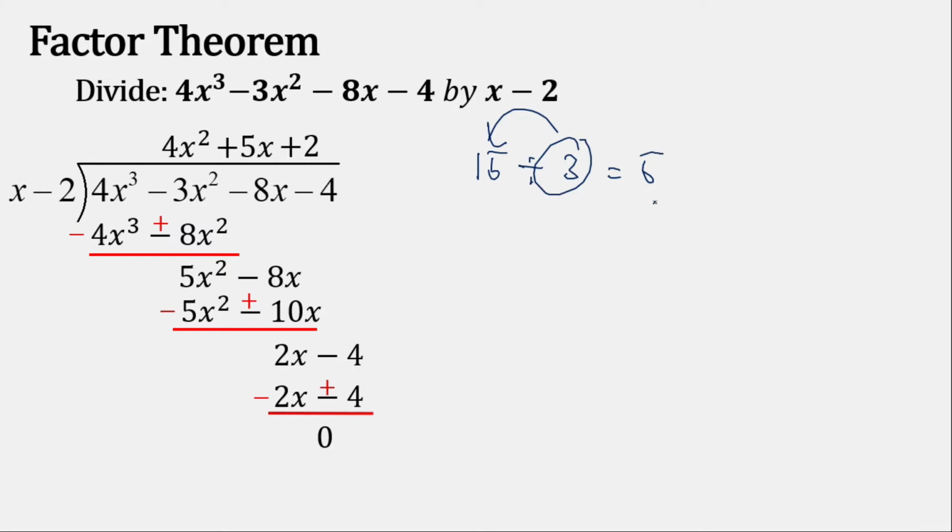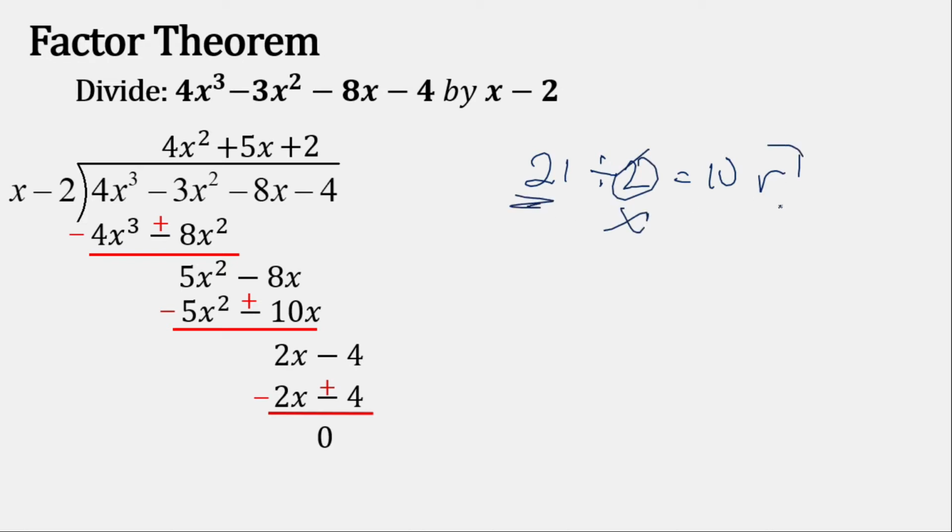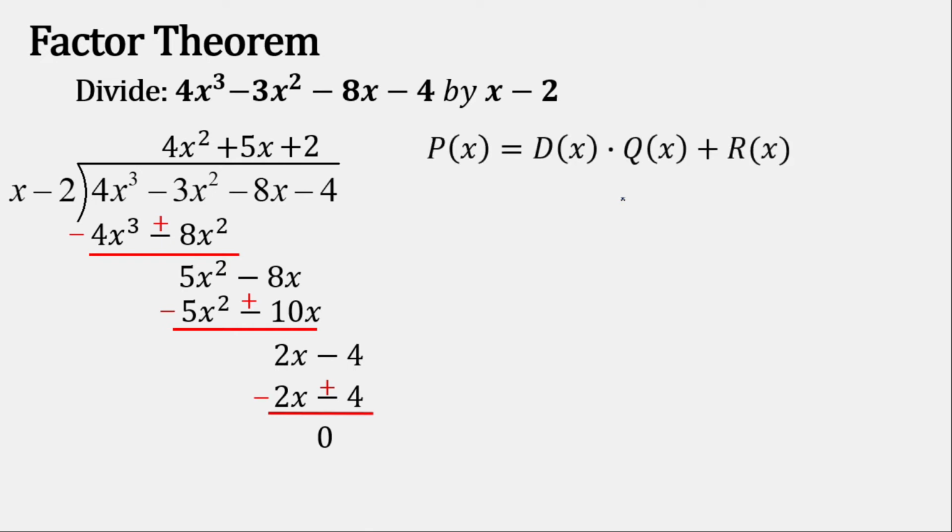But if we divide 21 by 2, the answer is 10 with remainder 1. So 2 is not a factor of 21 because it has a remainder. So that's the basic concept of factors of a number, same as with the factors of a polynomial.